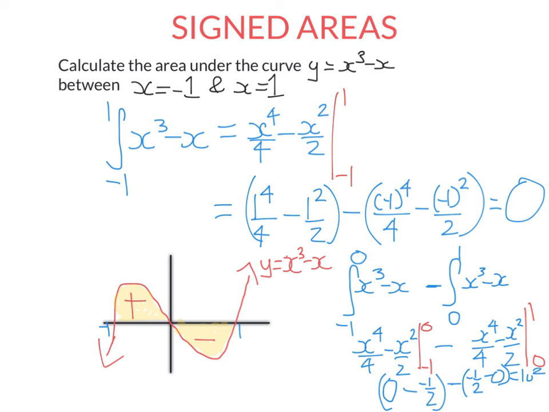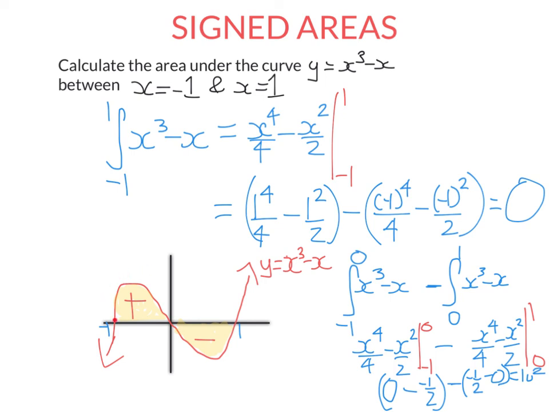If you find that it is below the x-axis at any time, you need to do a separate integral for that interval like we did here, and it needs to be subtracted. Subtracting the integral when it's below the x-axis will make this a positive area, so you can just add the two areas and you won't get a situation like I had up here where they cancel each other out.